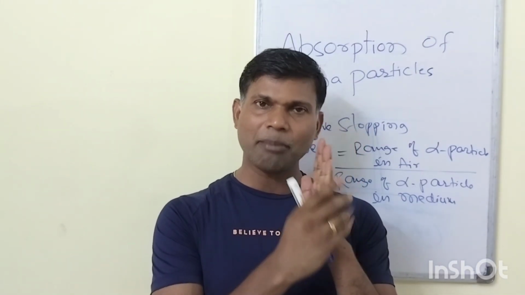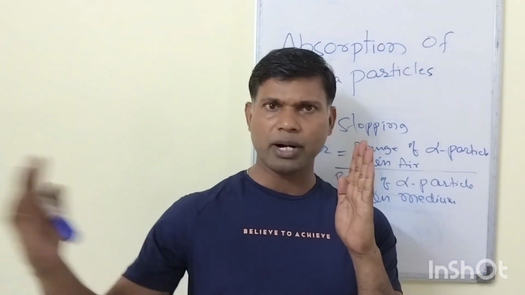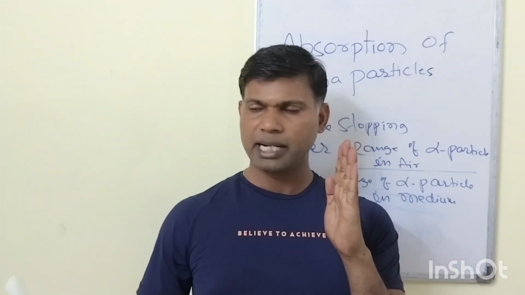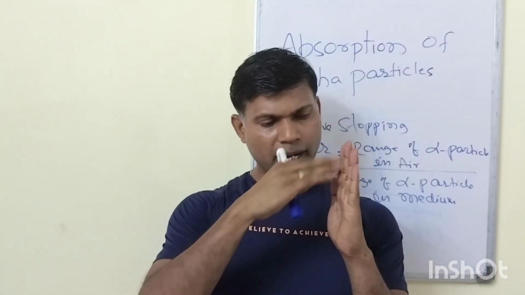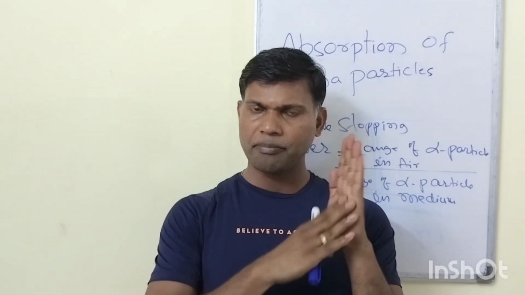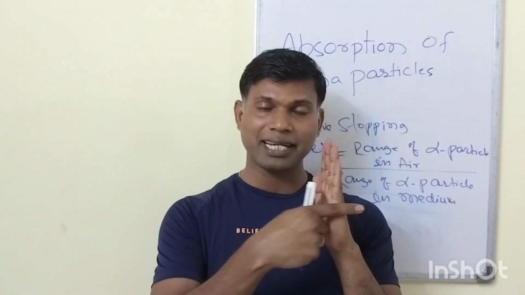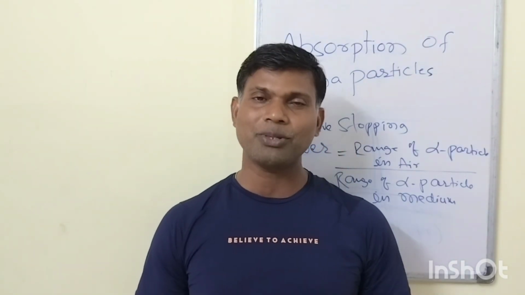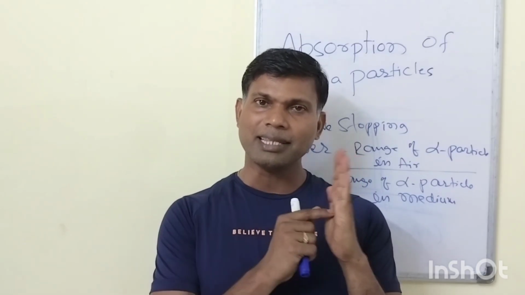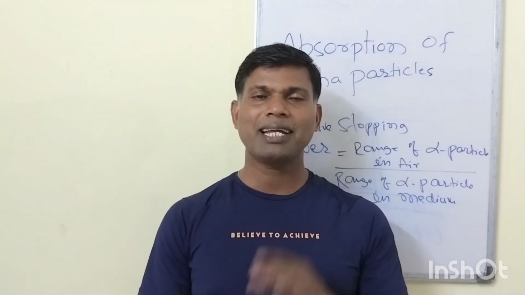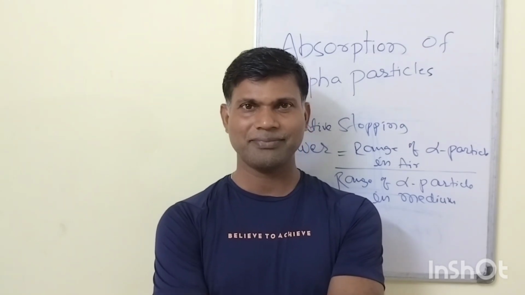So I can design a material, whatever the area, how many particles are coming, what the source dimension is. Accordingly, you have to calculate how many alpha particles are falling on the medium. When they are falling on the medium, what must the thickness be? This thickness must be equal to the range of that alpha particle in this medium. With that we can design a material.